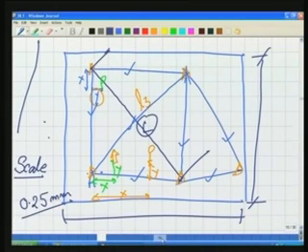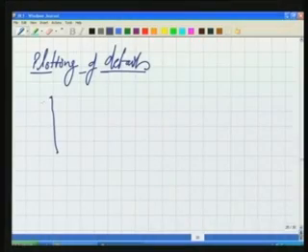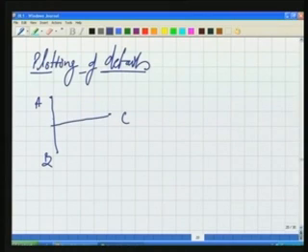Similarly, there are many ways in which we can plot the details. What are these ways? For example, let us say we have a line, we know these 2 points A and B, a third point C can be plotted by dropping a perpendicular and measuring this x, as we did in the earlier case.